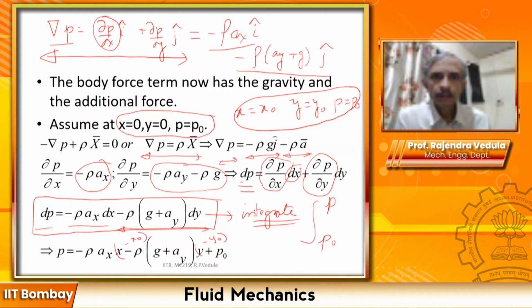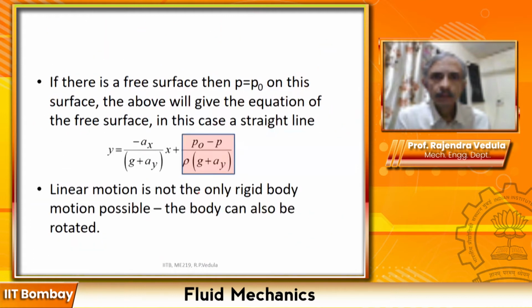So what you have now is the variation of pressure with respect to x and y, when your frame is accelerating with an acceleration ax and an acceleration ay. That's what is given up here. Now what happens to the free surface? I've got this vessel.